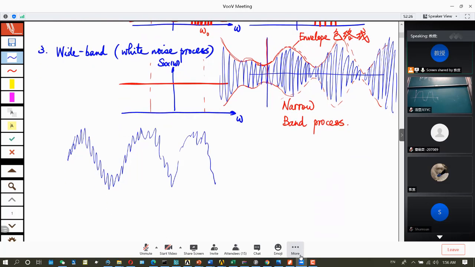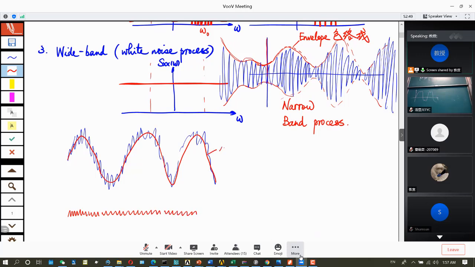And you can decompose this into a low frequency component plus a high frequency component.